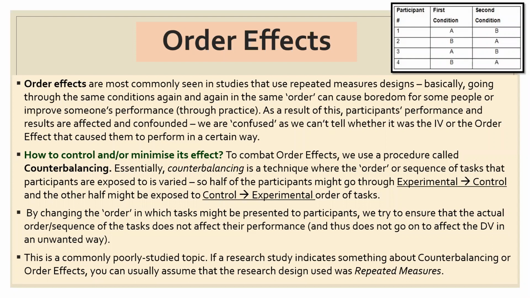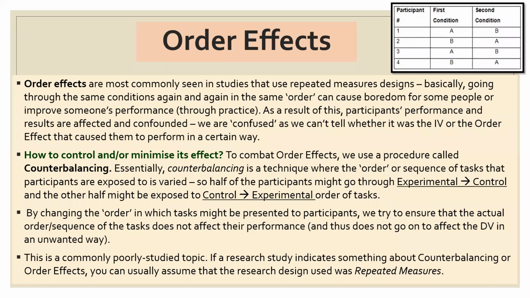Counterbalancing is basically, you know how in order effects, people's performance gets affected because they get either bored of the same order of conditions, or they get better at it through practice. Basically what we're doing in counterbalancing is, rather than giving them the same order of tasks, we're mixing up the order of tasks. So rather than giving them tasks in the order of A, B, C, D, we might give it to them A, B, C, D in the first trial, but in the second trial, we might go D, B, A, C. Or in the third trial, we might go C, B, A, D. So you know what I mean?